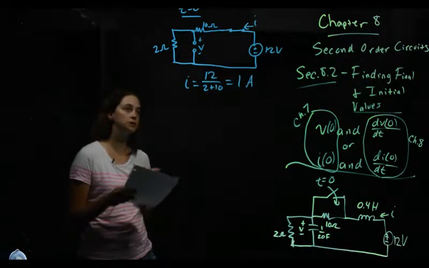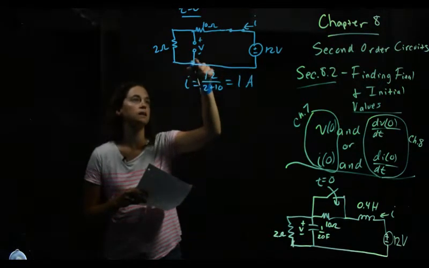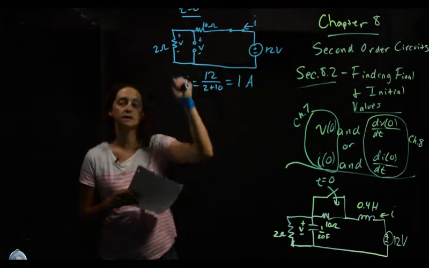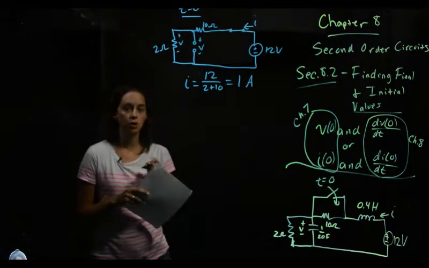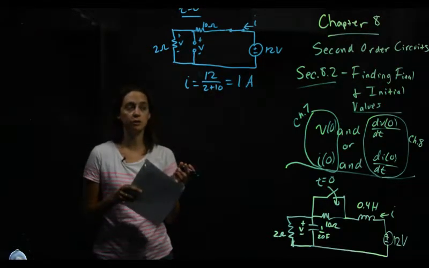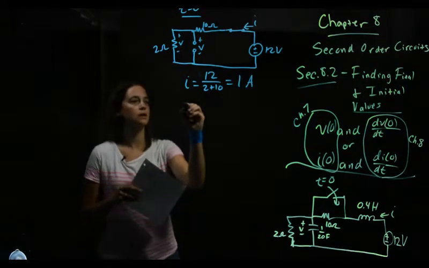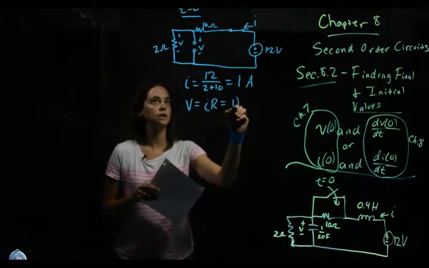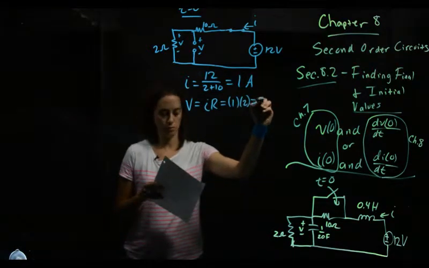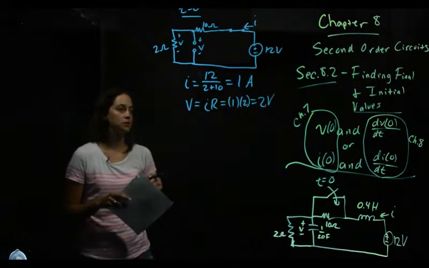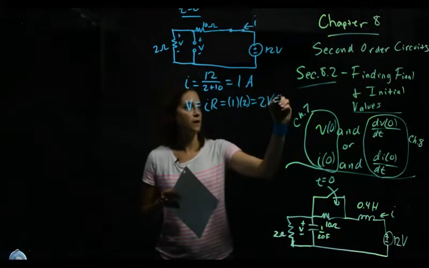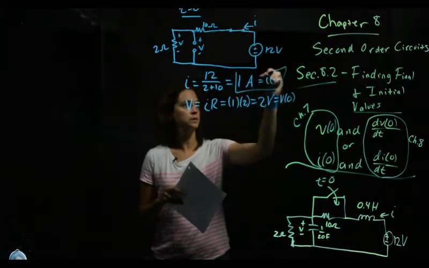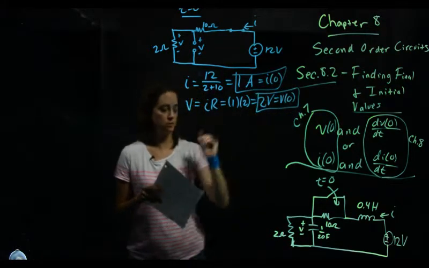Now I have my current, and I'm looking for the voltage across the 2 ohms. I could do voltage division, but I don't need to. V equals IR equals 1 times 2, or 2 volts. There's my first two initial conditions. This is my V of 0 and my I of 0. Go ahead and put those in a box, because we will need those later.